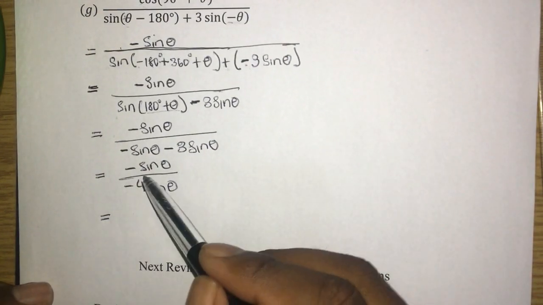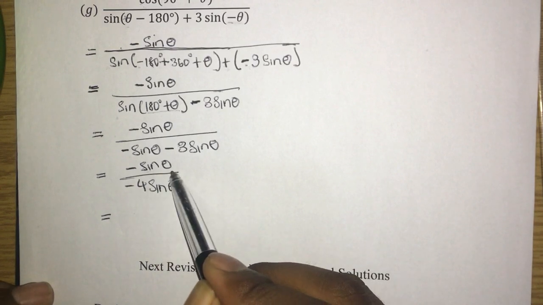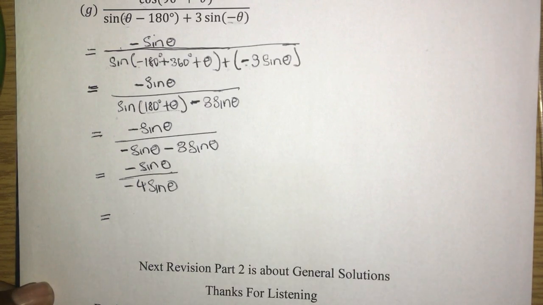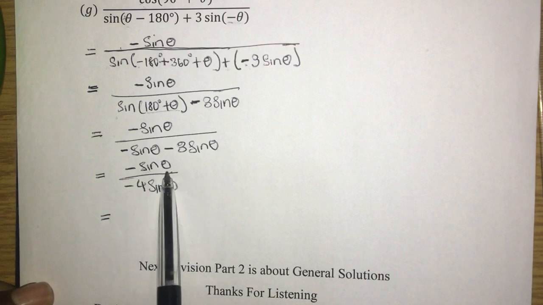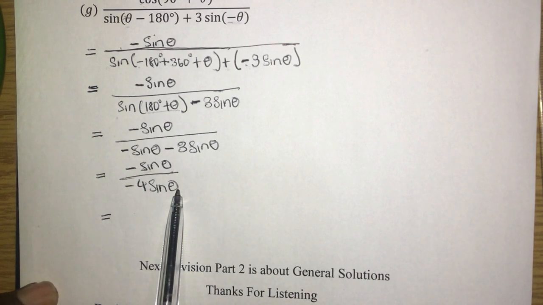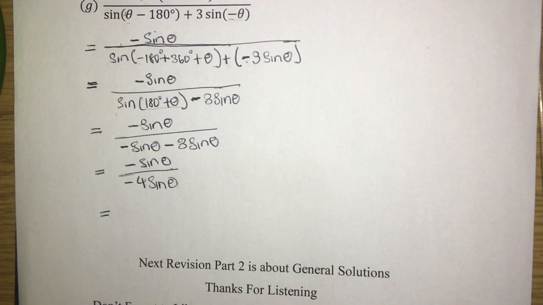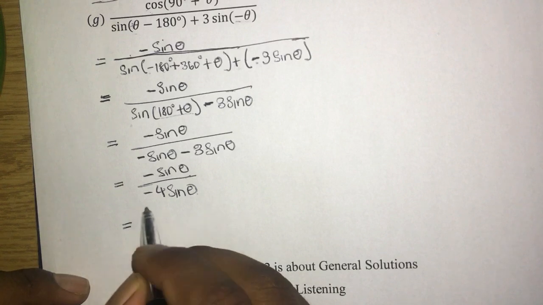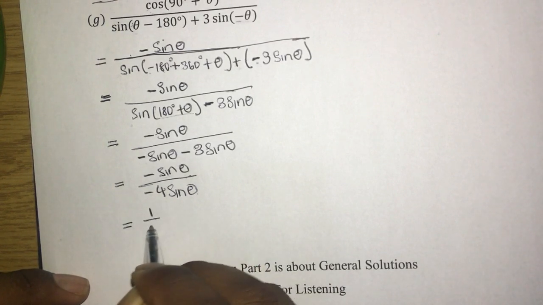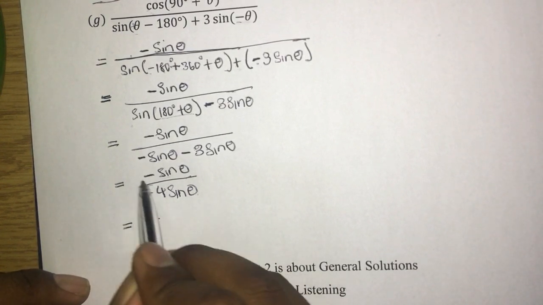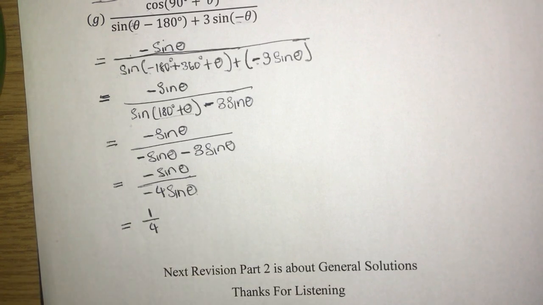Then sine theta, we have sine theta in the numerator, we have sine theta in the denominator. Sine theta and sine theta will divide each other such that you will get 1. So my answer will be 1 over 4, because negative divided by negative is positive.